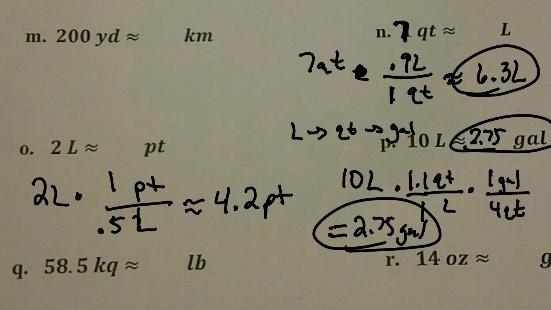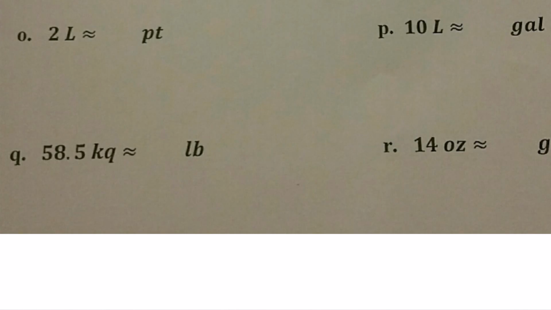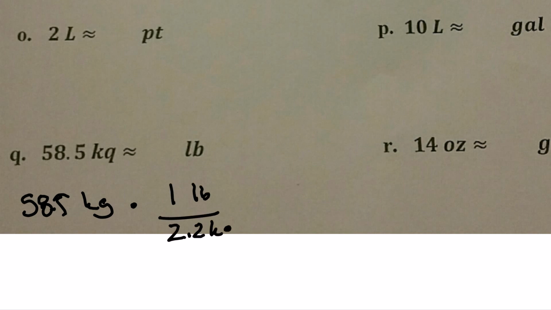All right. Kilograms to pounds. So I have 58.5 kilograms times 1 pound is 2.2 kilograms. 2.2 pounds is 1 kilogram.